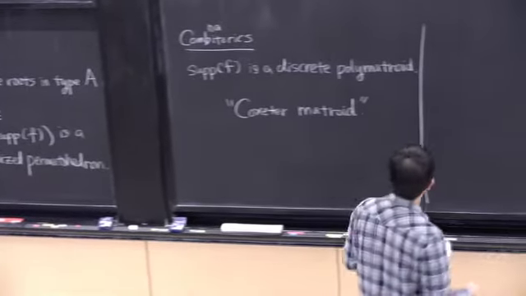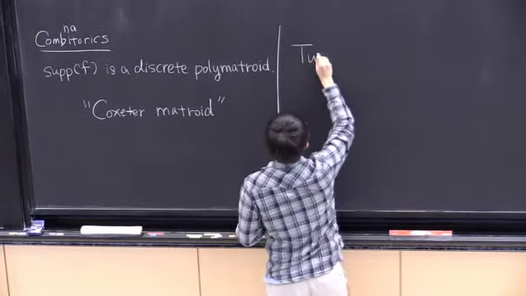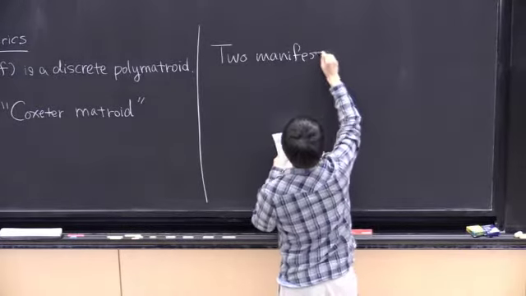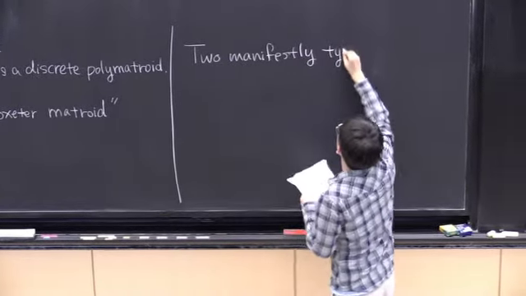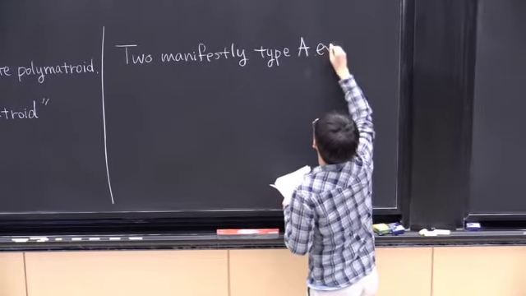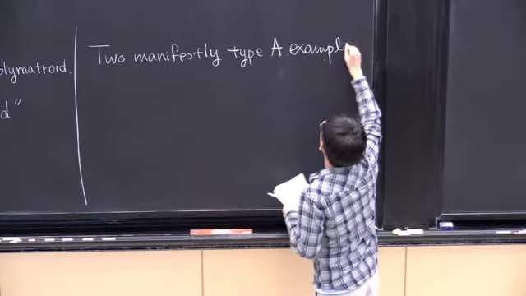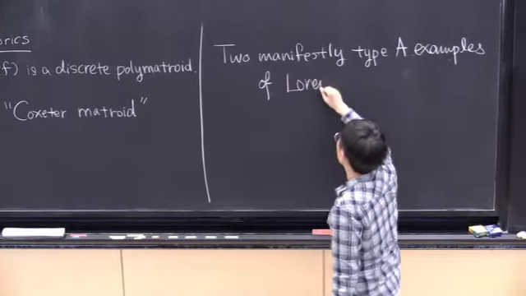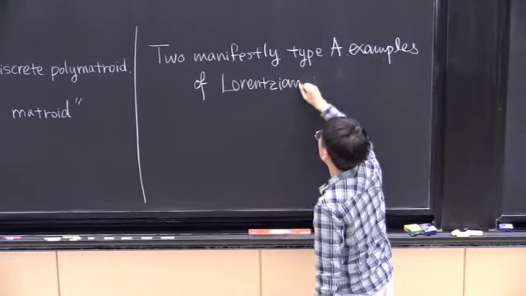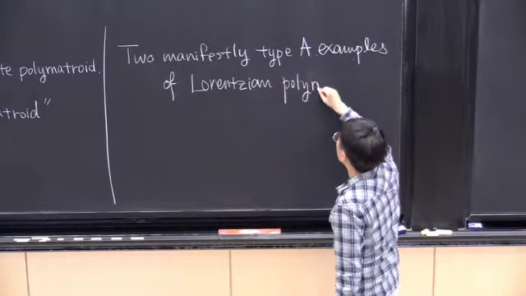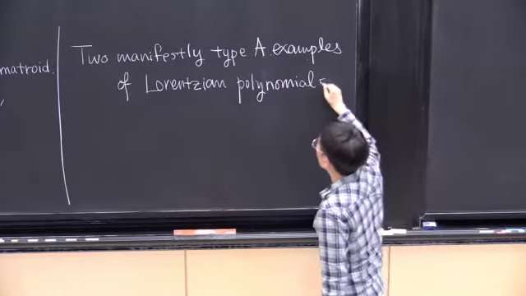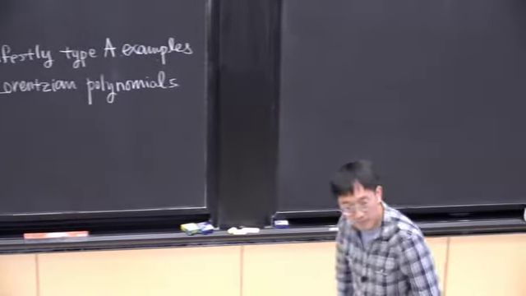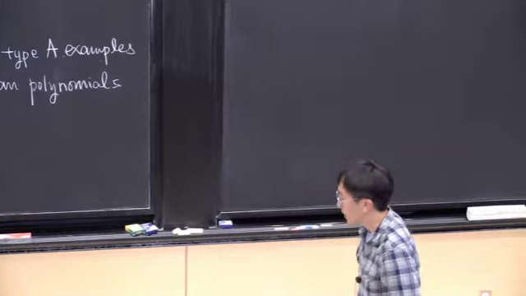In type A, two manifestly type A examples of Lorentzian polynomials, or strongly log concave polynomials.